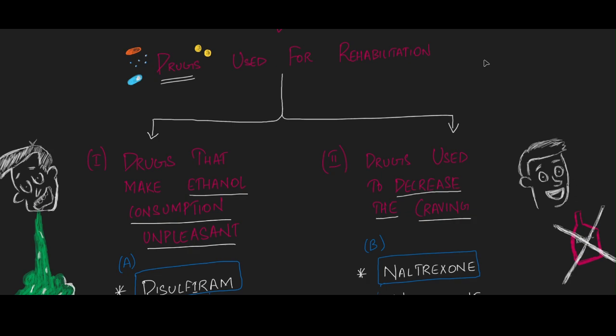So coming under the drugs used for rehabilitation, you can divide them into two categories. The first one is drugs that make ethanol consumption unpleasant. And the second category is the drugs used to decrease the cravings for the effects given by alcohol.